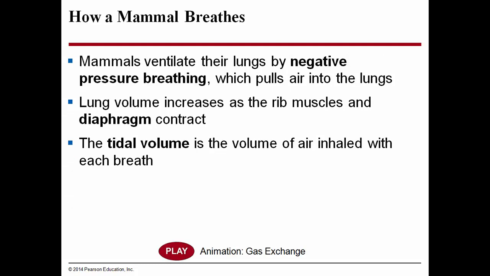Mammals ventilate their lungs by negative pressure breathing, which pulls air into the lungs. Lung volume increases as the rib muscles and the diaphragm contract. The tidal volume is the volume of air inhaled with each breath. So there's resting tidal volume, and then there's active tidal volume.